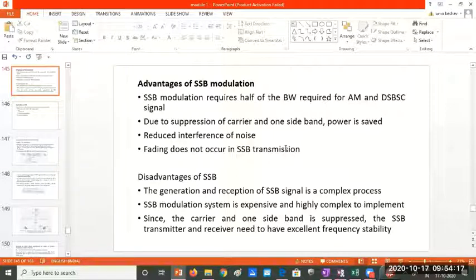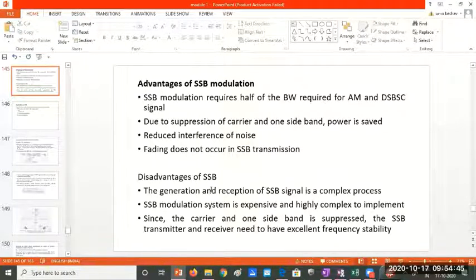We should use Costas loop and so many ways of getting that synchronization. But if I do carrier reinsertion and envelope detection, again, there are many problems there. We saw some of the problems when we discussed DSB-SC. Similar problems will be there with SSB-SC also.